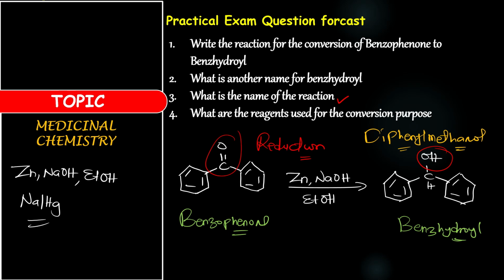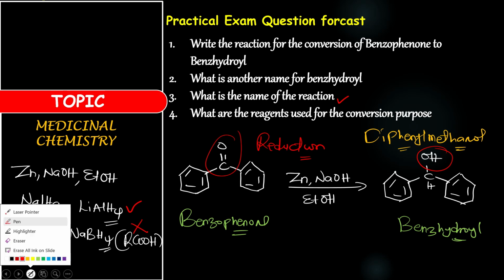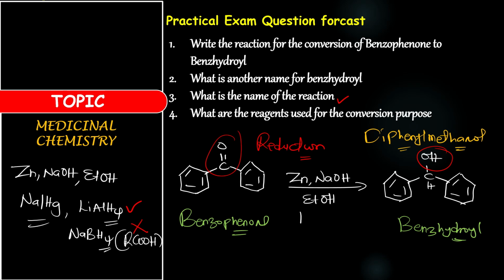Other compounds that can also be used are lithium aluminum hydride. These are strong reduction agents. Then we also have sodium borohydride. However, sodium borohydride is not used for carboxylic acid, but you can actually use lithium aluminum hydride for carboxylic acid. So all those can also be used as reagents for the reduction. Is that okay? So that is that.